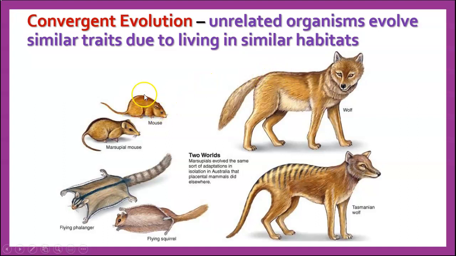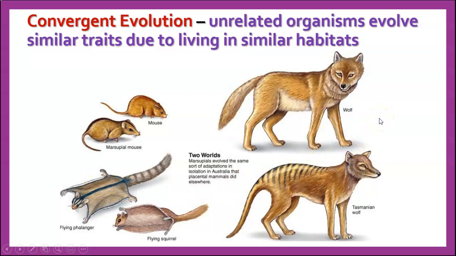Here is a placental mouse, like a normal mouse that we have here, and a marsupial mouse. Very, very similar. They live in similar ways, and they look very similar to each other, but they're not related to each other. A flying phalanger is the Australian equivalent of a flying squirrel. And again, those are very similar traits, but very, very different origins.